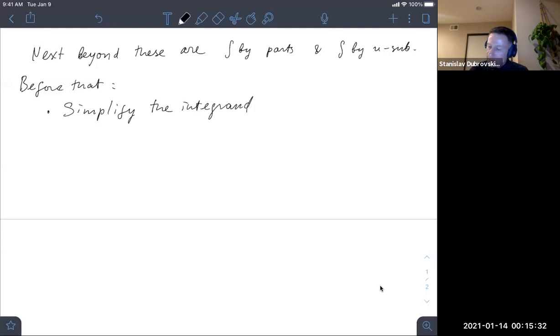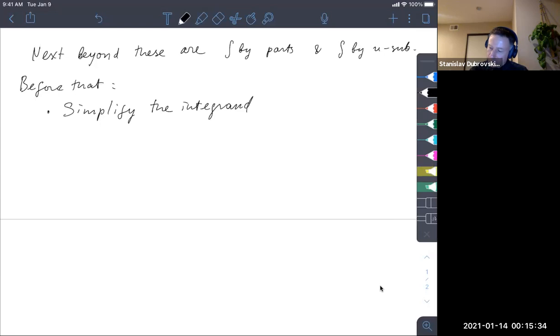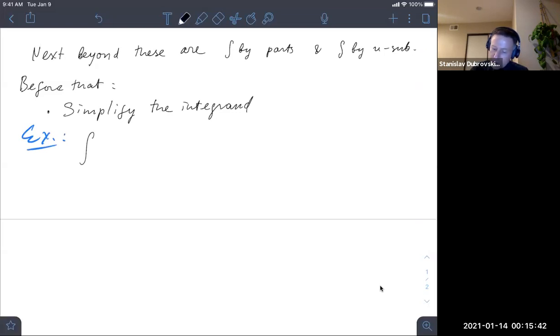So here's an example. Let's say that we have to look at something like, I don't know, x cubed minus the cube root of x, divided by the square root of x times x, dx.